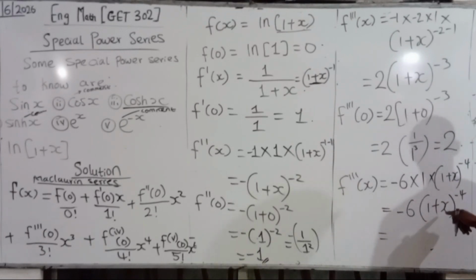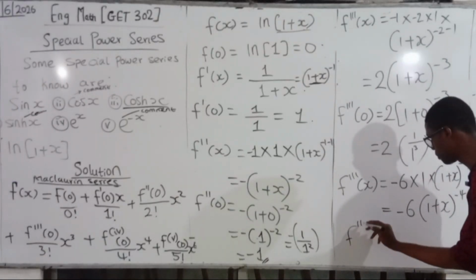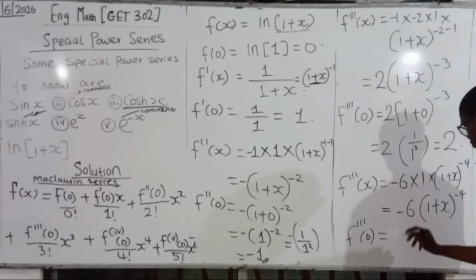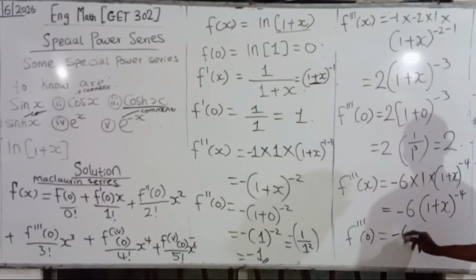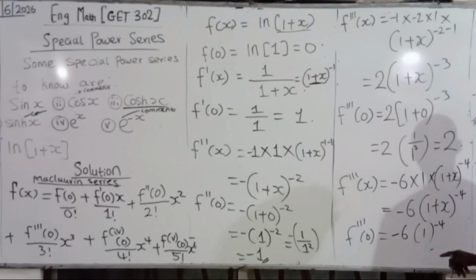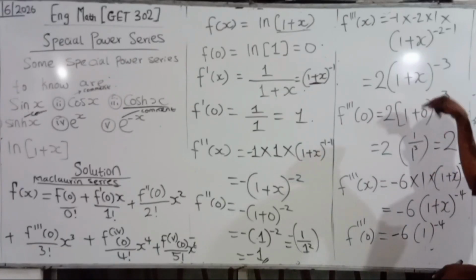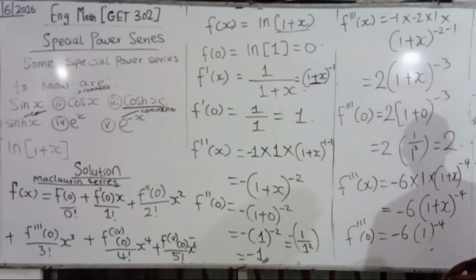If you put 0, sorry, that's f triple prime of 0. If you put 0 here, you should have minus 6 times the bracket, which ends up being 1, because if you take the power of minus 4, you will still get 1, since it's 1 all over 1 to the power of 4, which is 1.